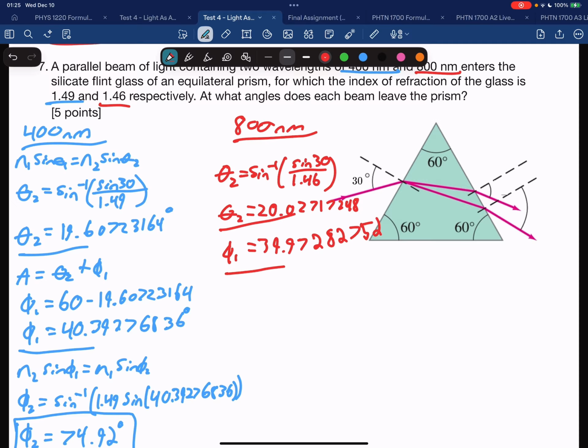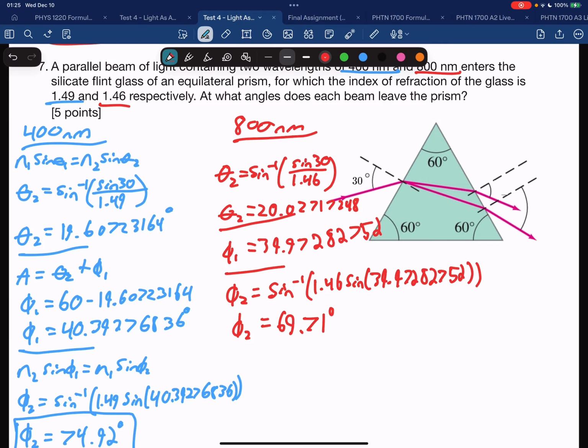Again, just using the exact same method as written in blue. And phi 2, again, just calculated the same way, 39.972825752. And we get a final value for phi 2 of 69.71 degrees.